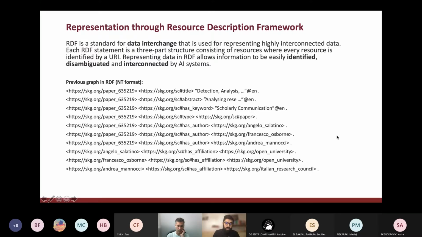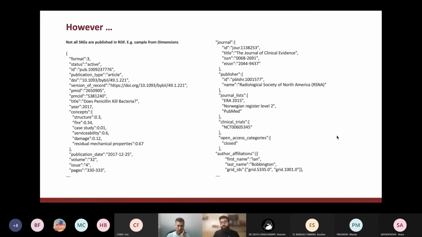However, one thing is, not all scientific knowledge graphs are published in RDF. For example, Dimensions, which is one of the main providers of scientific knowledge graphs, because I will show to you in a bit that we don't have to do the work of creating them. There are companies, or agencies, that do that for us. So we can simply download them and then we can operate with them.